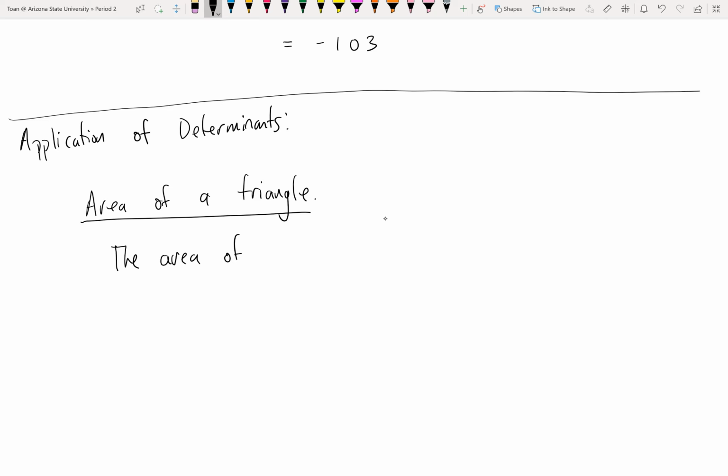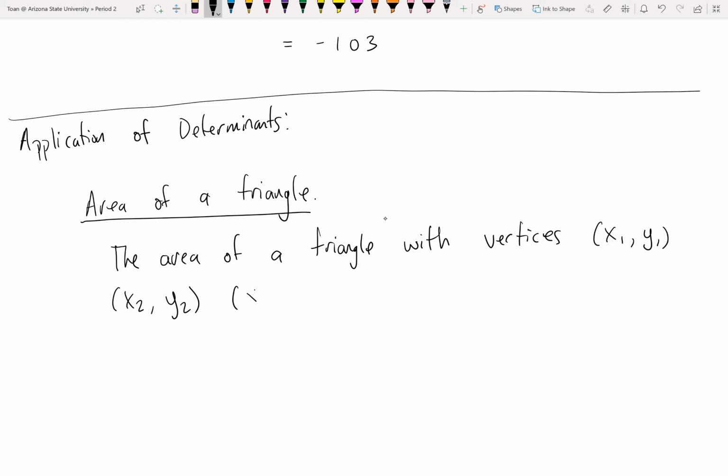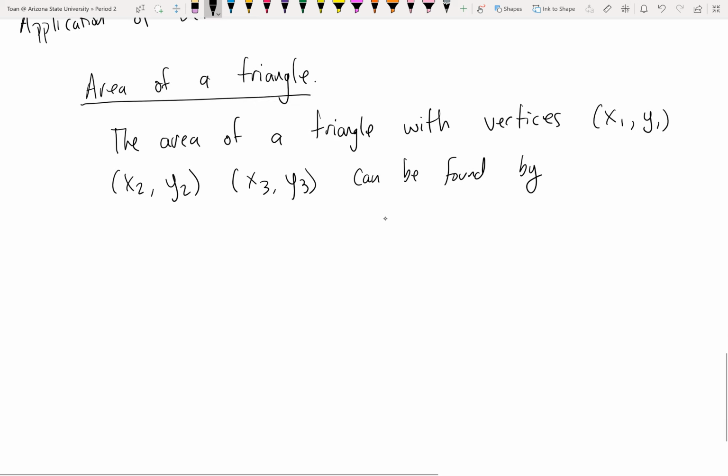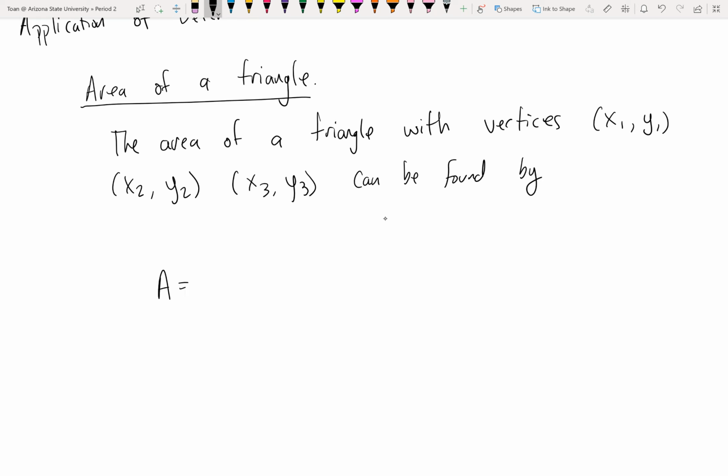The area of a triangle with vertices x sub 1, y sub 1, x sub 2, y sub 2, x sub 3, y sub 3 can be found by area equals plus or minus, and I'll explain the plus or minus later, 1/2 times the determinant.